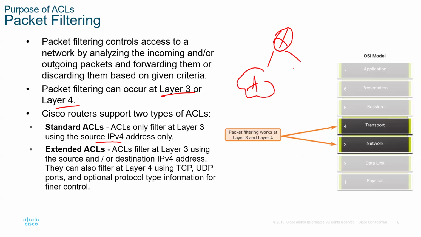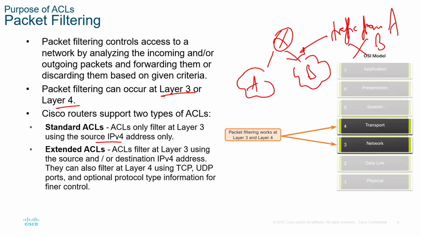This is LAN A, this is LAN B. You could have an ACL which says traffic from A is not allowed in network B. So that's basically a standard ACL, where we are defining an ACL based on where it is coming from, its source IPv4 address.